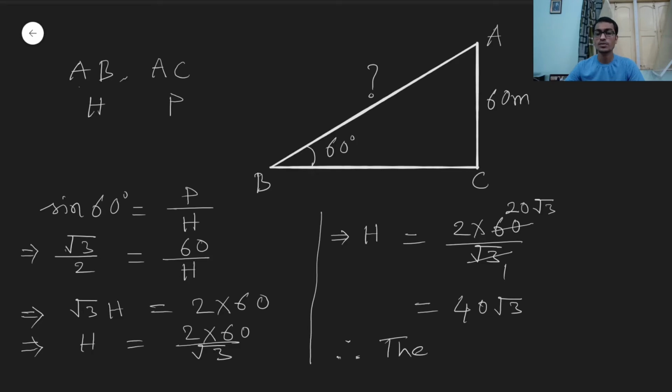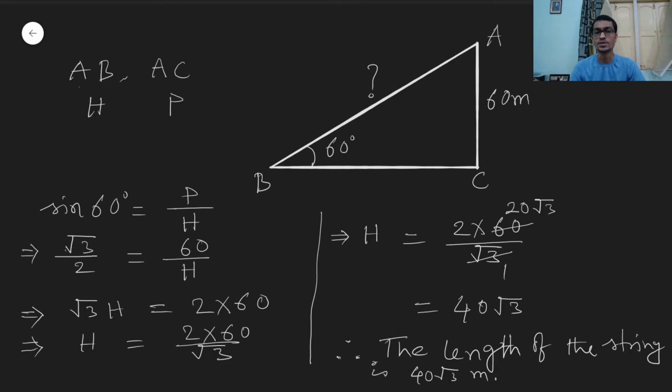So the length of the string is 40 root 3 meters. You may use the value of root 3 as an approximation, or you may find that the value of root 3 is given in your question, so you can use that value. Otherwise you may leave it as 40 root 3, or you may use root 3 equals 1.73 as an approximation.